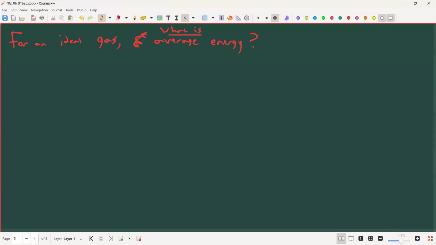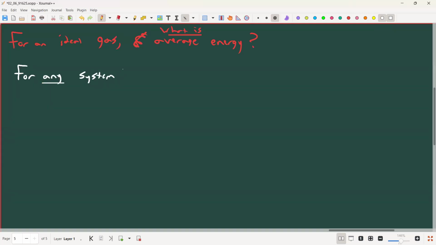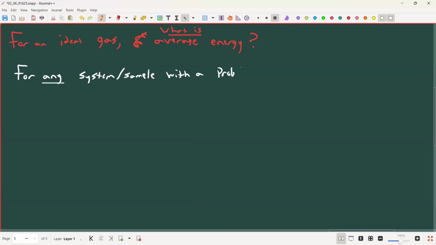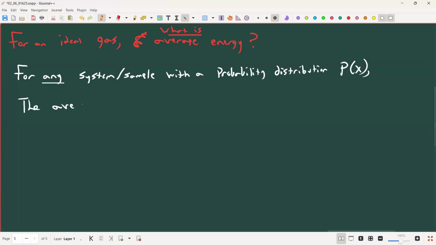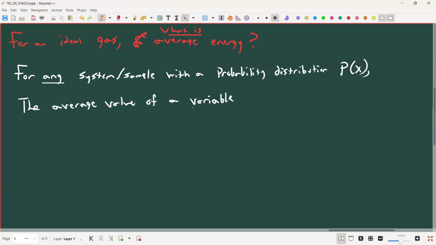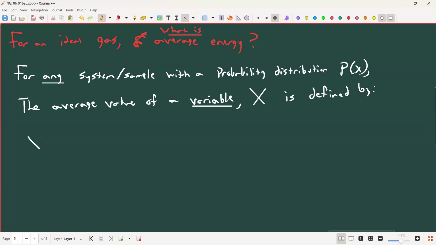Good question. For any system, and this is true of statistics, any sample, any system or sample with a probability distribution P of X, like the Boltzmann distribution or a bell curve, the average value of a variable, let's call it big X, is defined by X hat.